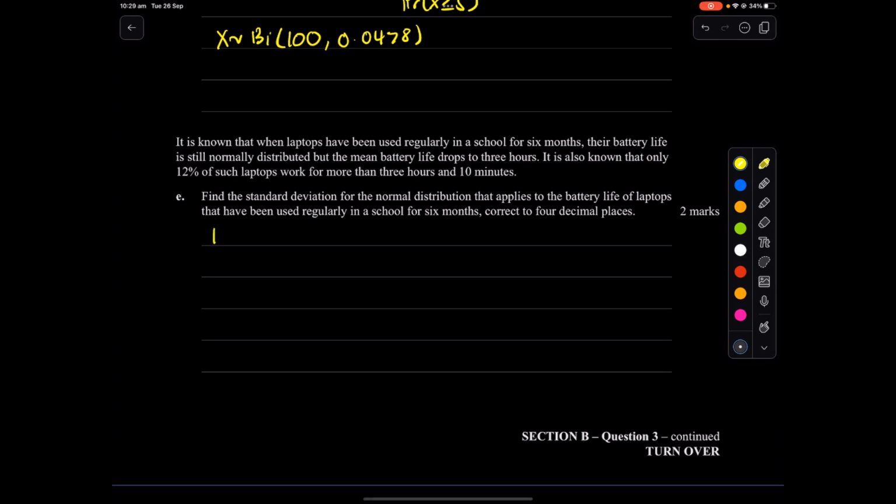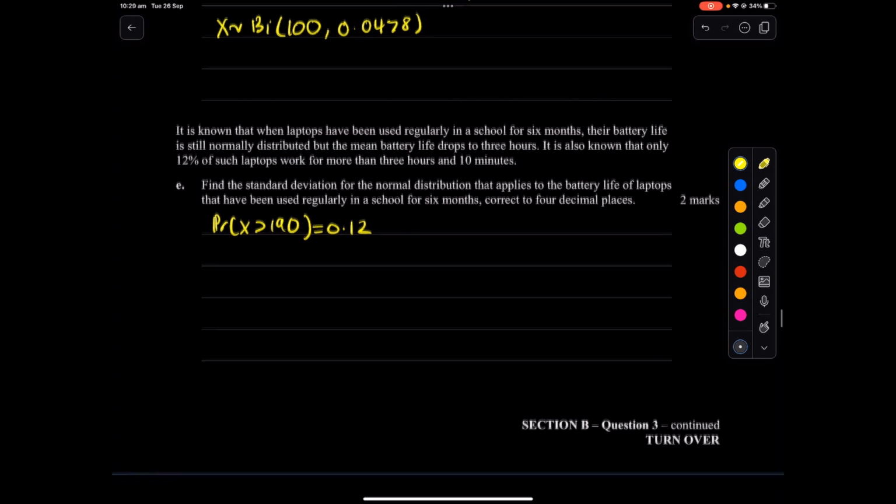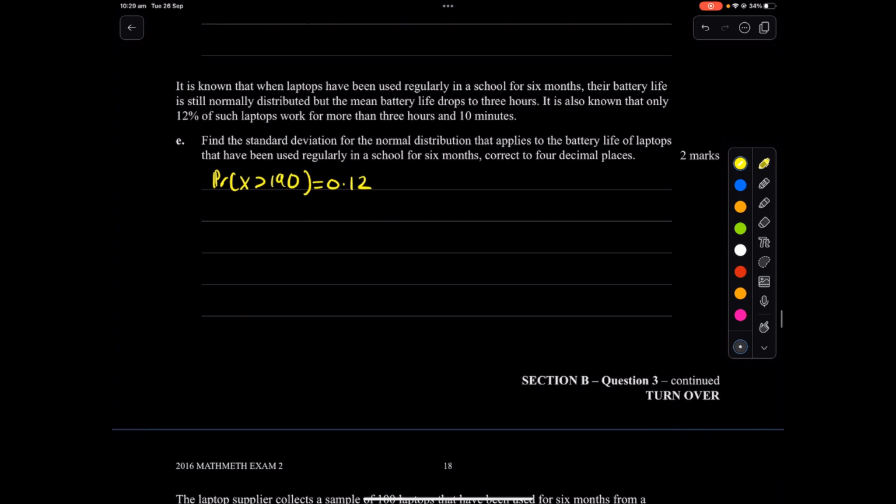So the probability that X is greater than 190 is 0.12. Find the standard deviation for the normal distribution that applies to the battery life of laptops that have been used regularly in school for 6 months, correct to 3 decimal places.